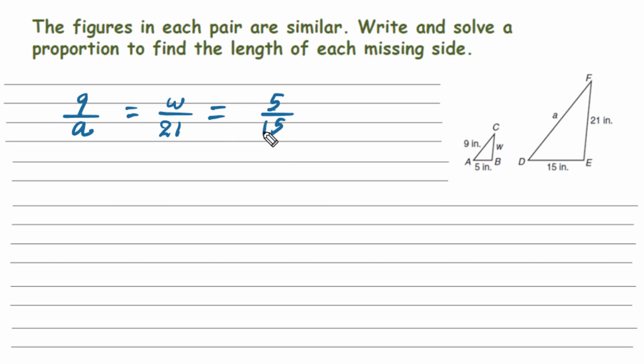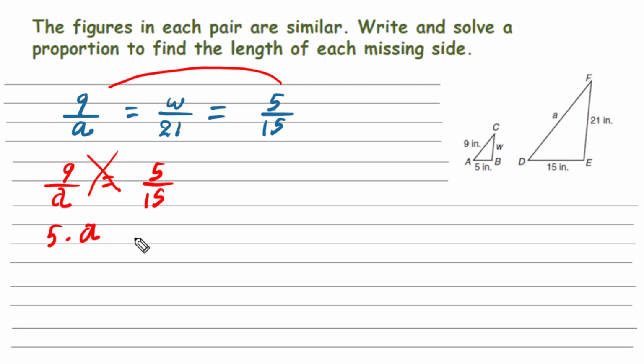How can we find the value of a? To find the value of a, we will use the first and last ratio. We can write 9 over a is equal to 5 over 15. To find the value of a, use cross products. Now 5 times a equals 9 times 15.